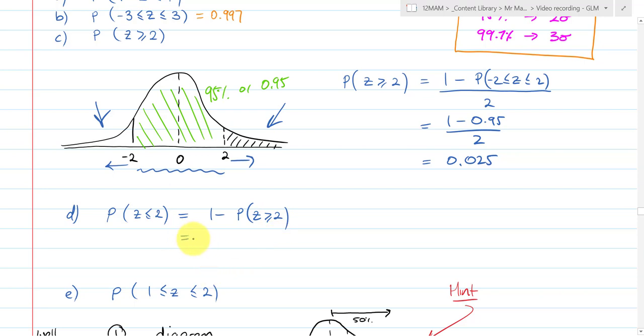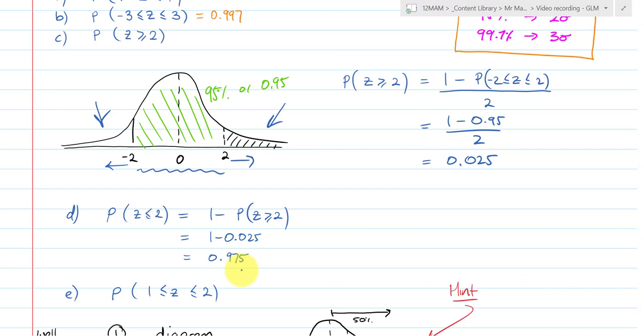And because it's continuous, Z equaling 2 is almost impossible. That exact data point, because it's continuous, so therefore we can use greater than or equal to, or we can use just greater than. It doesn't really matter. That gives us 1 minus 0.025, which of course is 0.975.